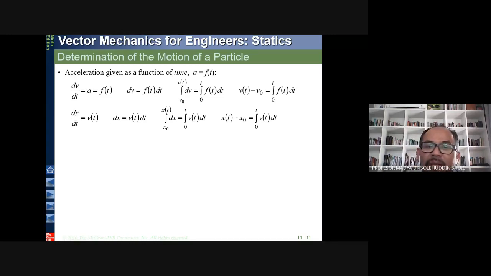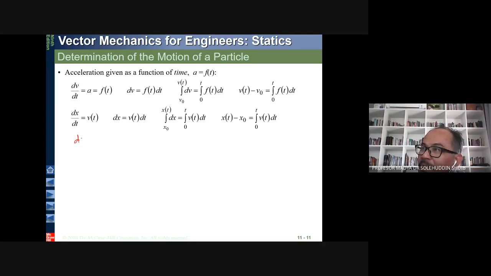If you look at case number one, acceleration as a function of time, we start by writing what acceleration is. Depending on the nature of the question, for this case, acceleration is a function of time.